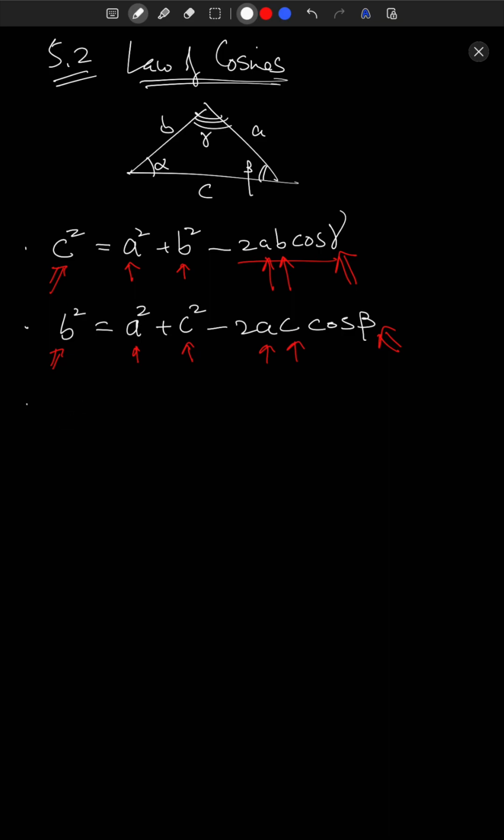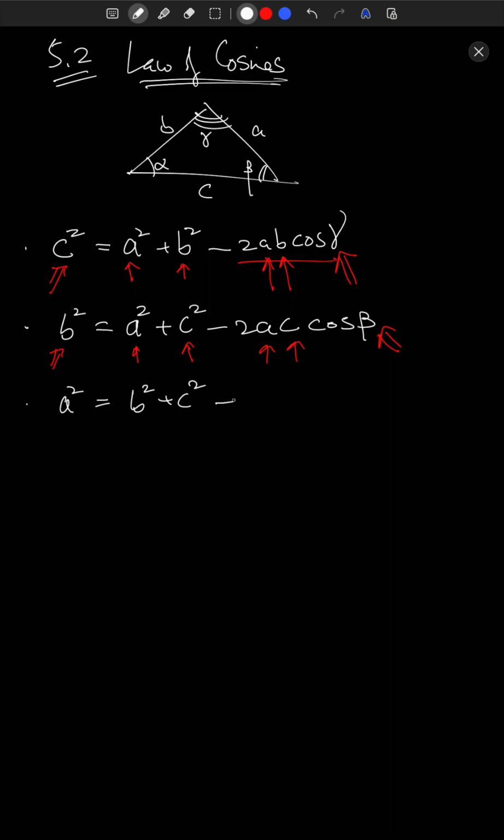So you can probably guess the last one. In fact, it might be a good idea to pause the video and see if you can write down the last one. And if you can, then you've probably gone a long way towards understanding the form of the law of cosines. Okay, A squared equals B squared plus C squared, right? Always the core guy that we're writing equals something. The other side is the other 2 sides, right?